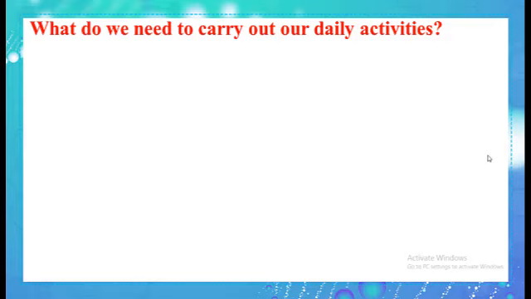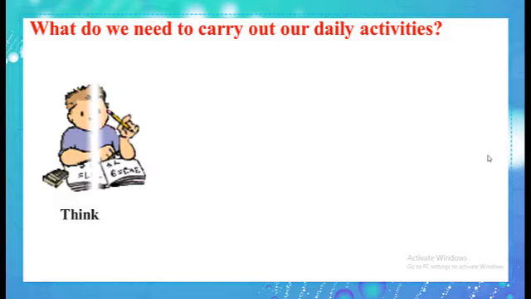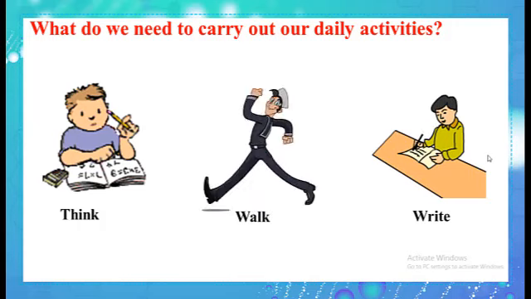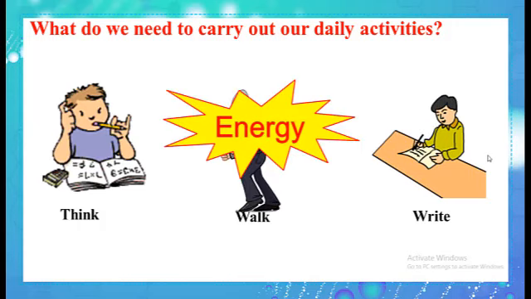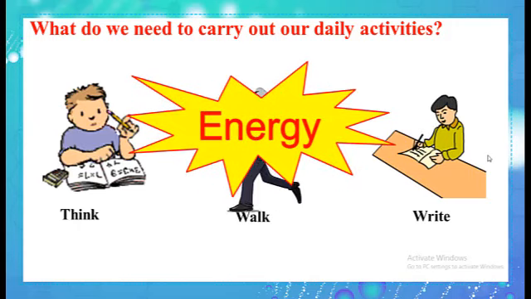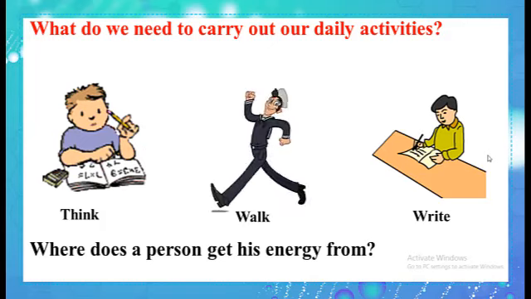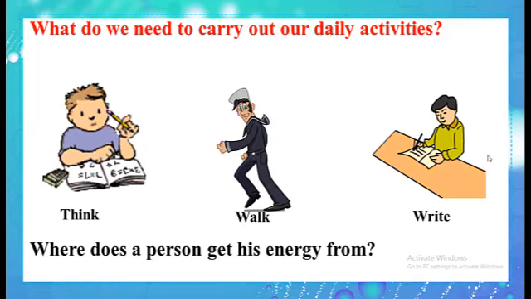What do we need to carry out our daily activities? In order to think, in order to walk, in order to write, we need energy to do all our activities. Let's go to see where the energy comes from in man.